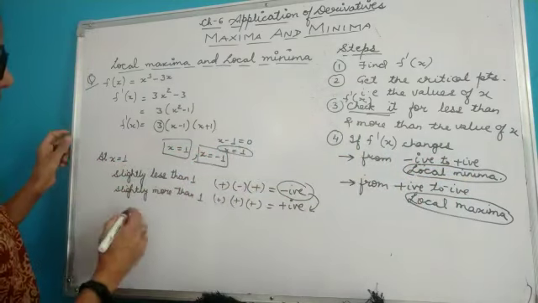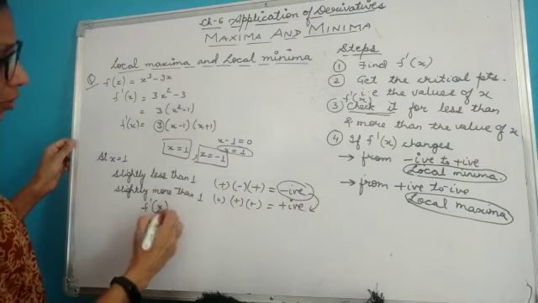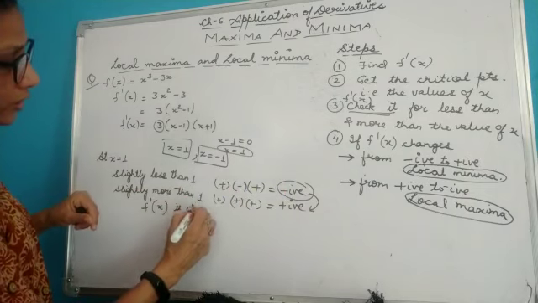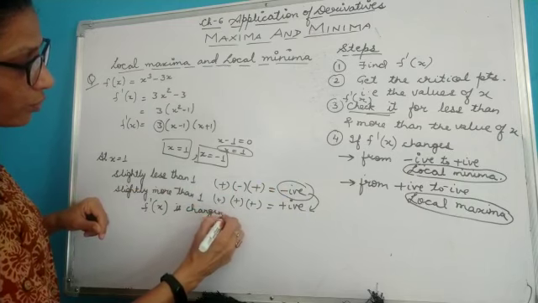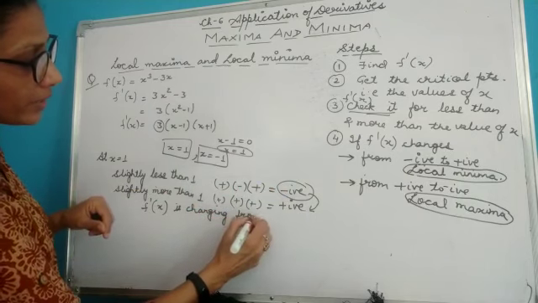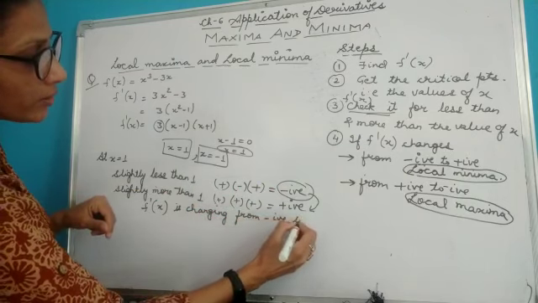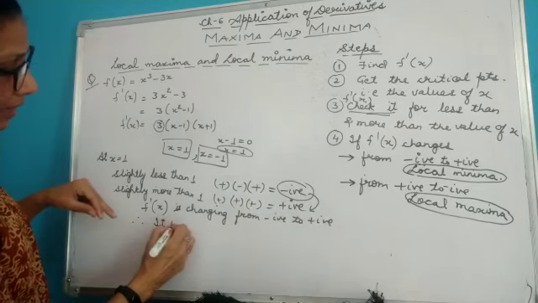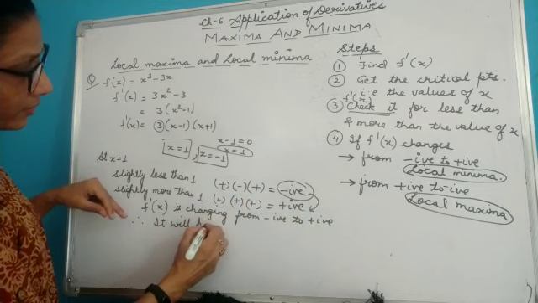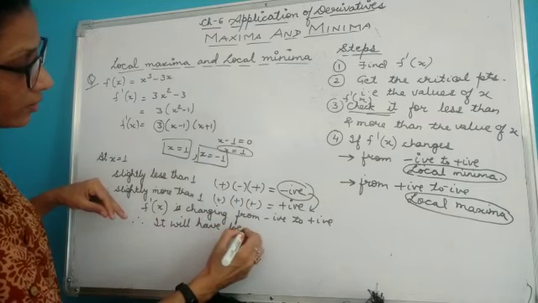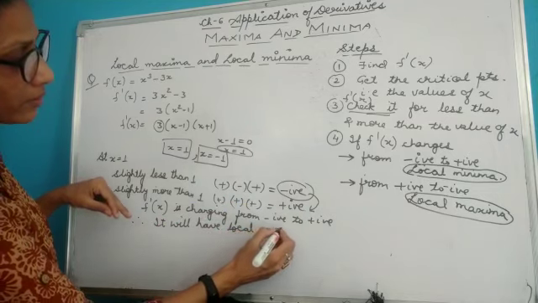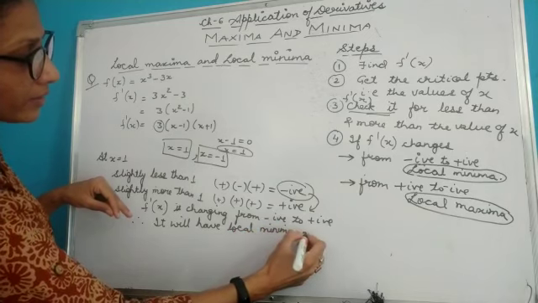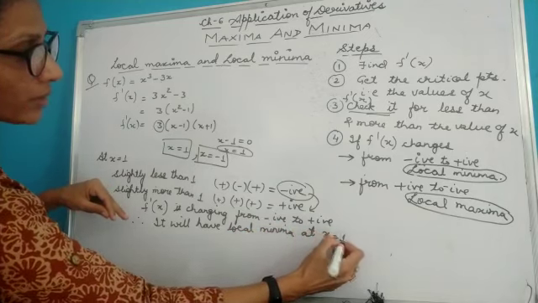So here I will be writing f dash x is changing from negative to positive, therefore it will have local minima at x equal to 1.